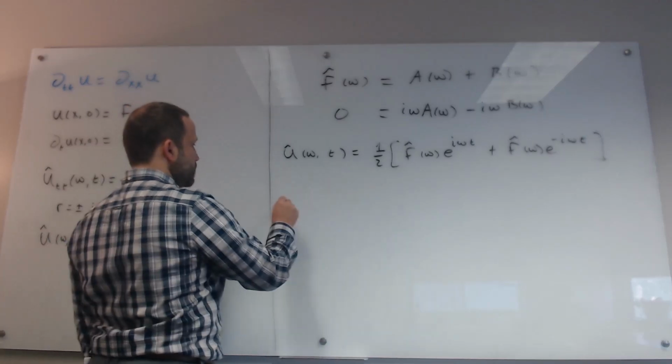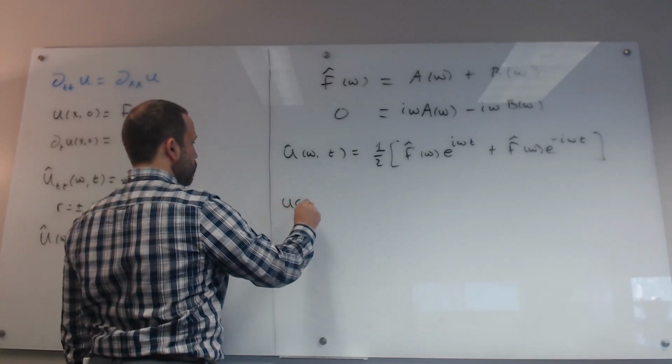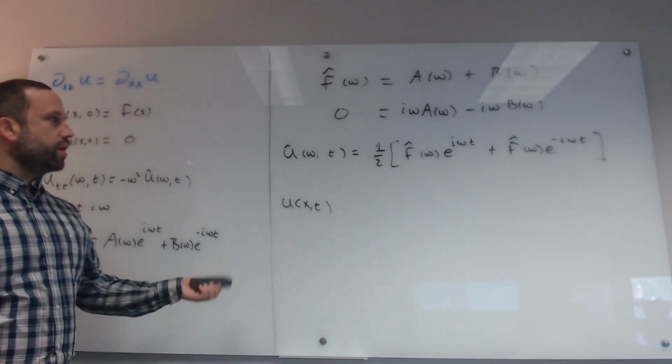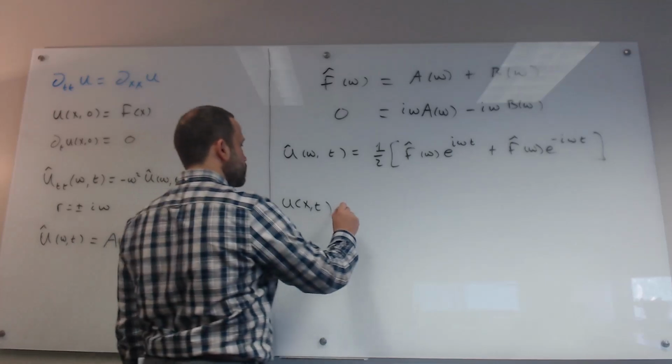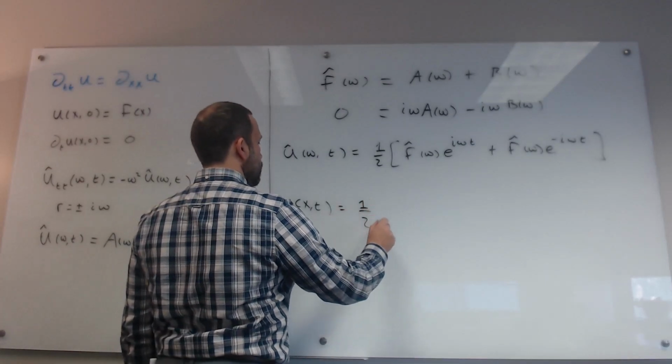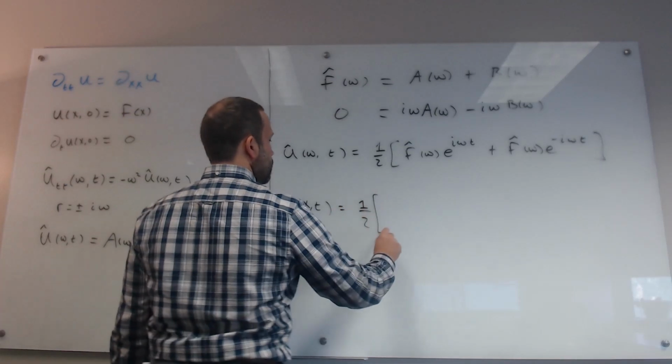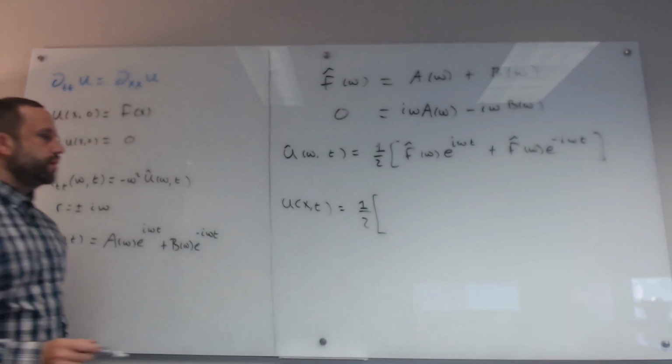And there's a number of ways to do this. You can use convolution, things like that, however you want to do it. But for me, I think the best bet is just to do the inverse Fourier transform formula.